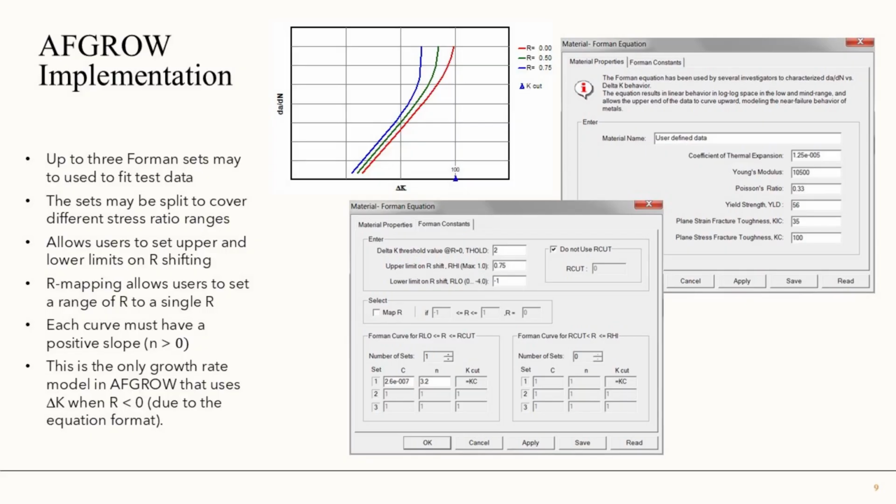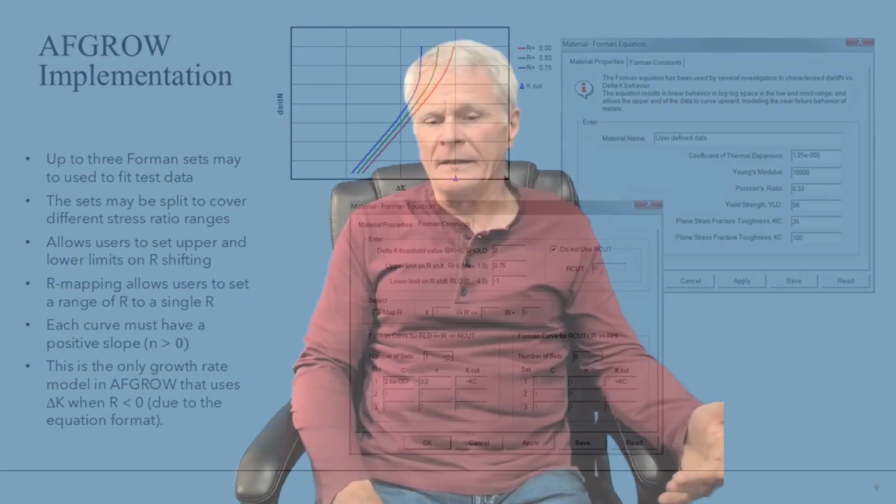In addition to that, we can do mapping. You could map the stress ratio over a certain range to be set equal to a different stress ratio to allow you to limit how much the shifting goes on. But of course, if you just want to use the Foreman equation as intended, you would just use one set and leave everything else in AFGROW blank.